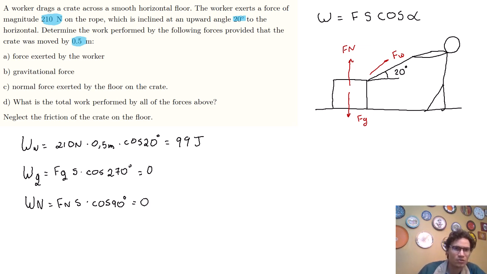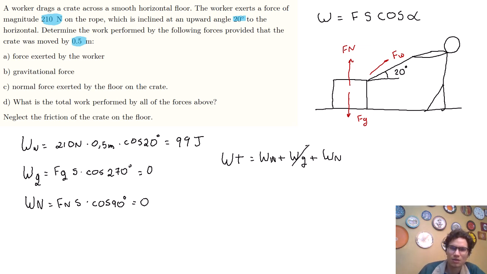The last question is to find the total work performed by all the forces. So that will be equal to the work done by the worker plus the work done by the gravitational force plus the work done by the normal force.